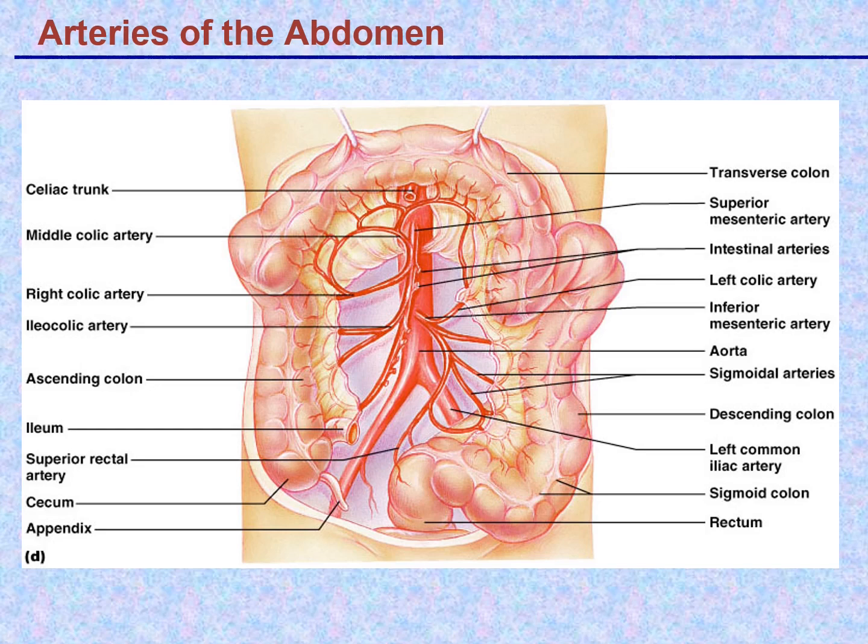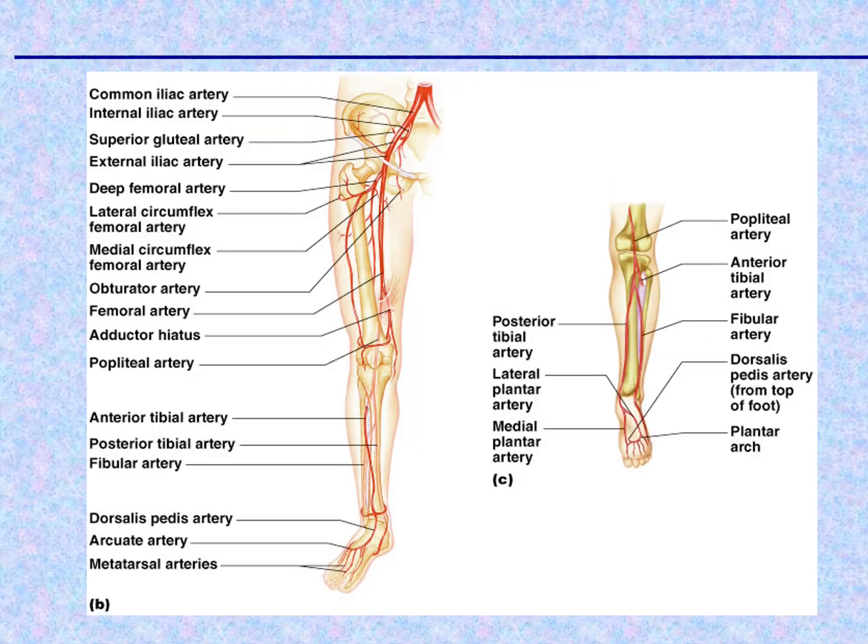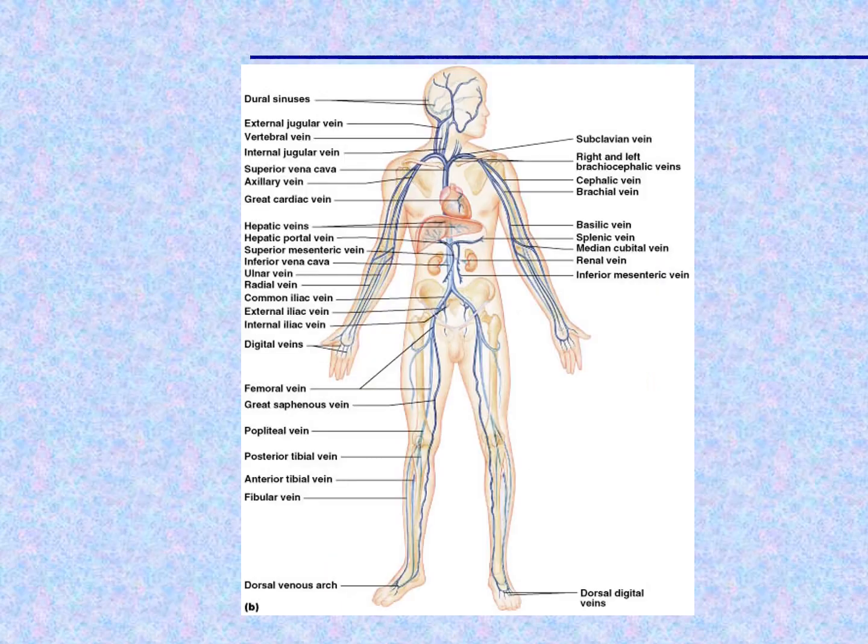There's the very end of the small intestine, right? There's the appendix. All of those are on the right side of your body. There's the femoral artery in the groin. You can take a pulse off that, and sometimes they will take arterial blood samples from there.